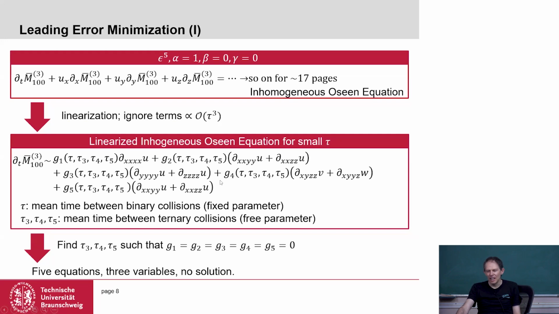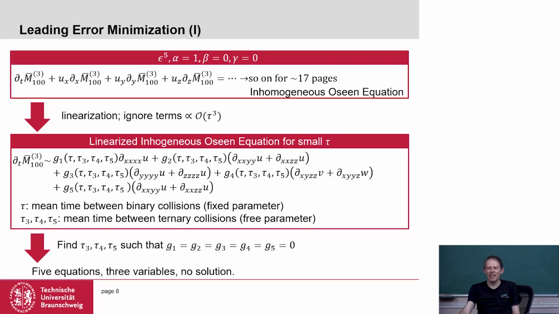Okay. So the first time I did this, I don't know whether this is still true, I printed it out, and this equation went over 17 pages. So now you see why I am a friend of computer algebra systems.